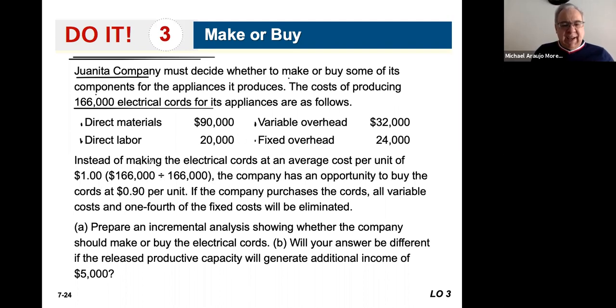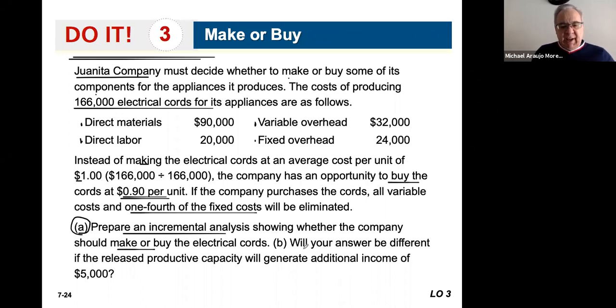Instead of making the electrical cords at an average cost of $1, the company has the opportunity to buy those cords at 90 cents per unit. If the company purchases the cords, all variable costs and 1/4 of fixed costs would be eliminated. And they're asking us to prepare the incremental analysis on whether they should make or buy the cords. That's the first thing they want us to do.